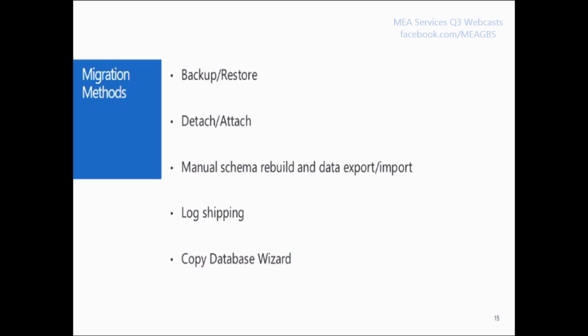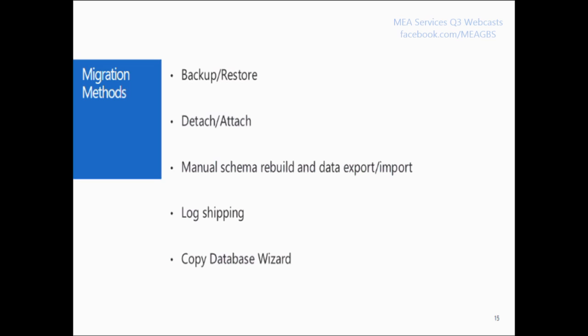Now, other approaches like the manual schema rebuild, log shipping, and copy database wizard, these are all considered as another method to go with for the migration. Now, in a general sense, I do prefer the manual schema rebuild, log shipping, and copy database wizard from the perspective of large databases. We usually prefer them because you don't have a downtime, or you can minimize the downtime for doing a migration.